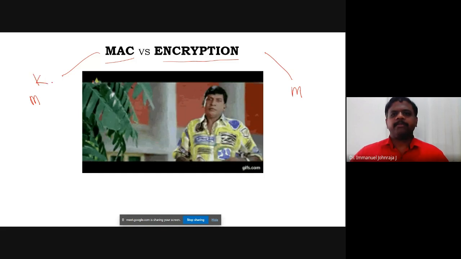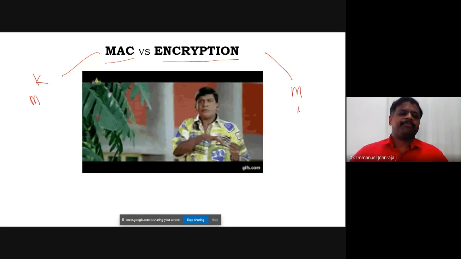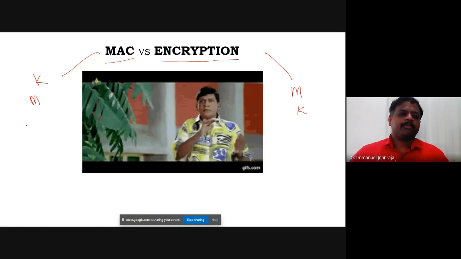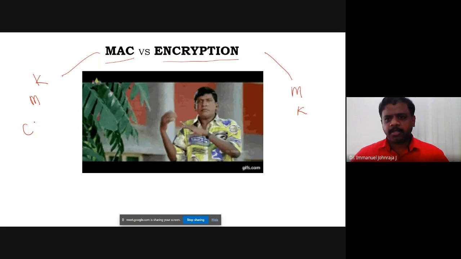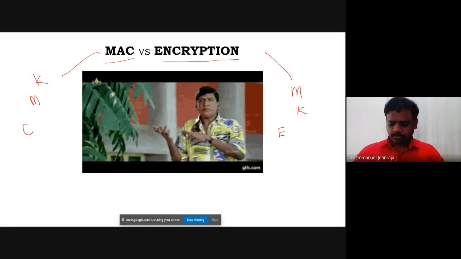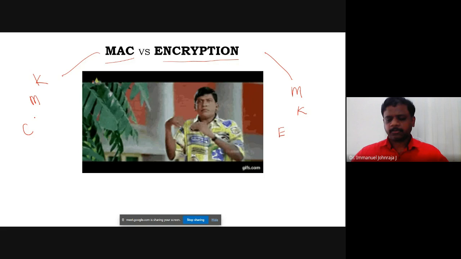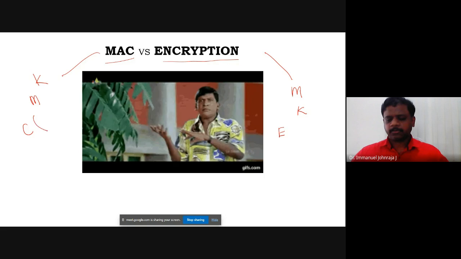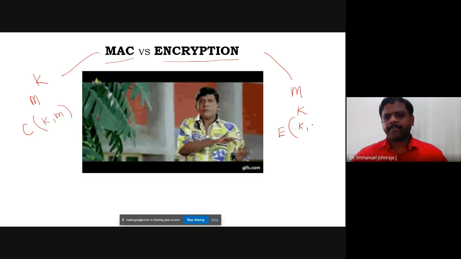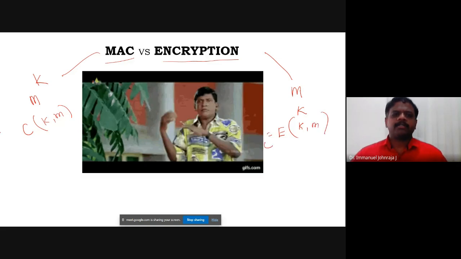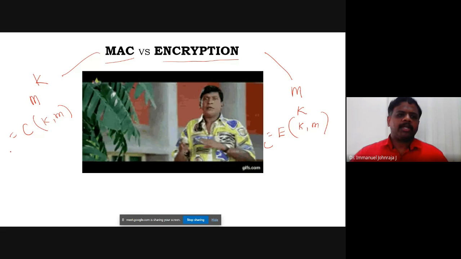Here you have the key, here you have the key. Here you have the function called C, here the function called encryption. Encryption takes the key and the message, and you get the ciphertext. Here you get the MAC.